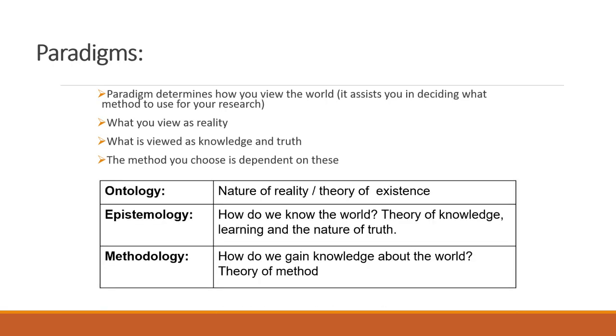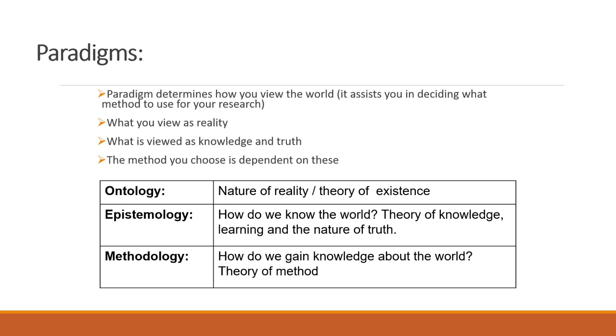Okay, so these are the various ways in which we think about the world. Ontology. So when we talk about ontology, what are we talking about? Ontology is what we call the theory of existence, the nature of reality. How do we understand reality? How do we understand the world, right? So the theory of existence, how we make meaning of the world in the world. So that is the ontology, right?